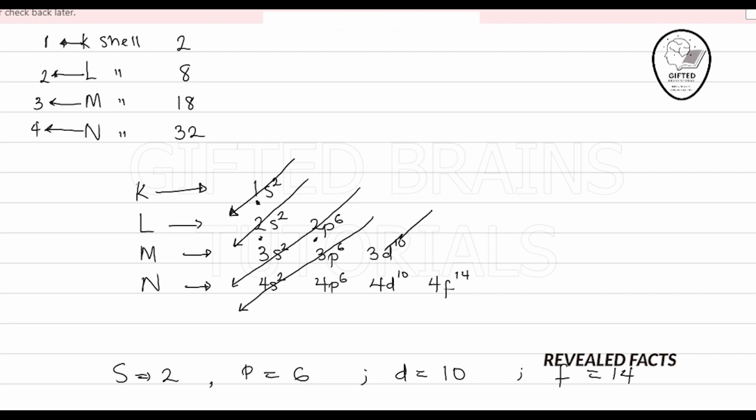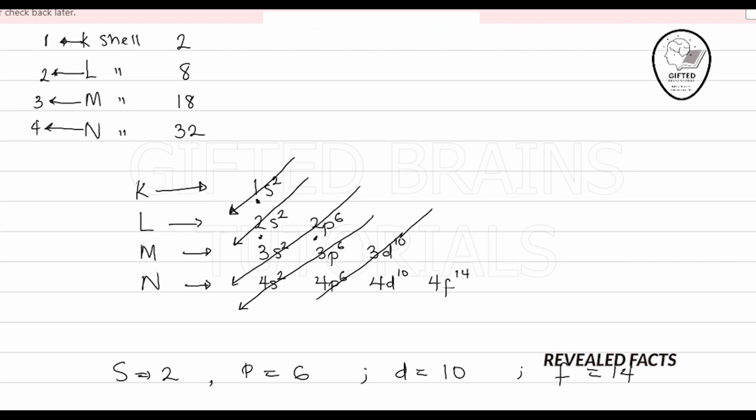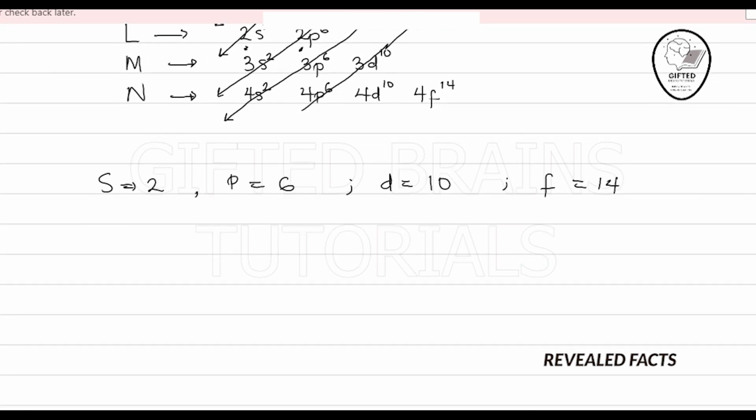Take note, before going to 3d. So the order is 1s, 2s, 2p, 3s, 3p, 4s before 3d. This is what Aufbau helps us to realize.